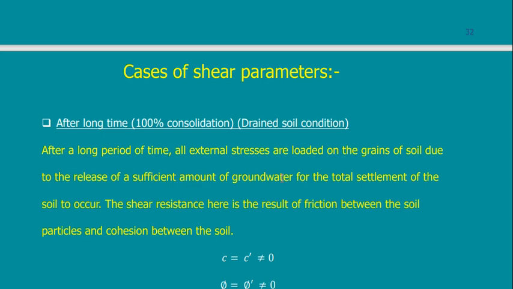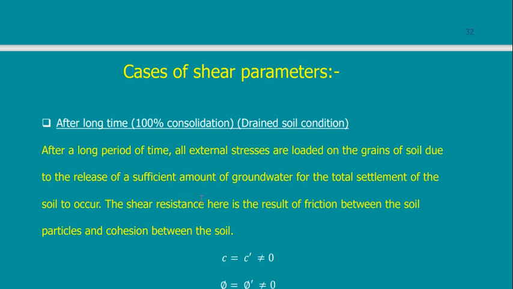Part of the groundwater is going to leave, the adequate part that is enough for soil particles to come in touch with each other again. So excess water has left, and I end up with the phi angle again in place, because particles of the soil are now very close to each other and they can exert friction between each other.